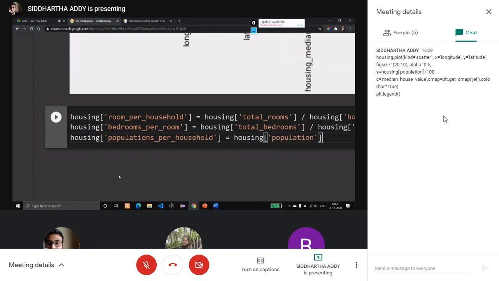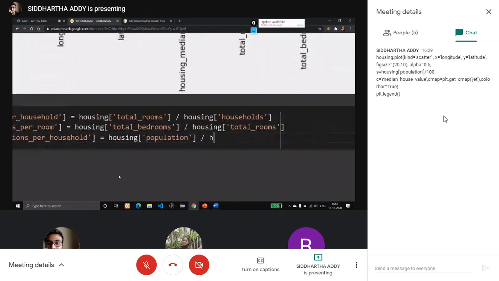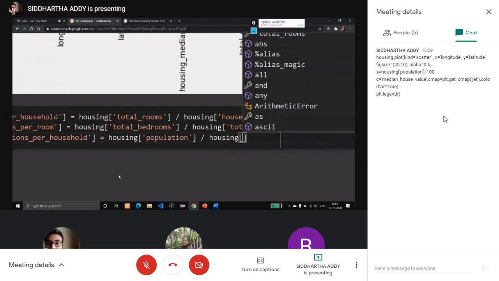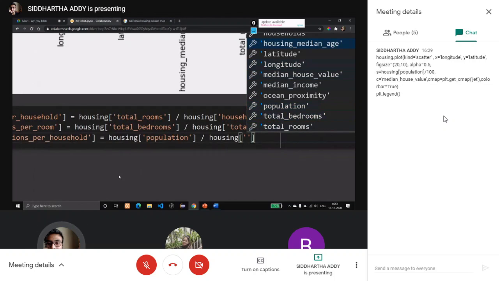Population, households. Where is households?